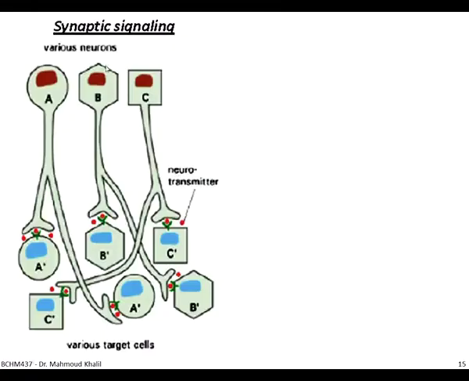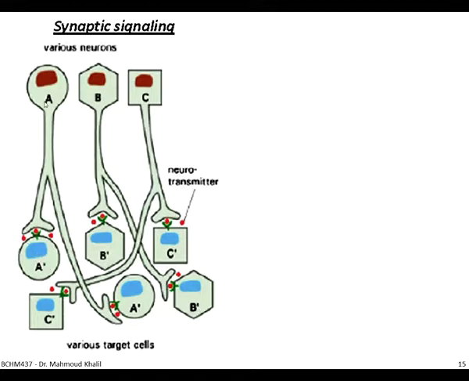So again, if you look closely at synaptic signaling, you can see three different neurons. The end of each neuron can sit on a different type of cell depending on the neuron. And you can see that each type of neuron, A, B, C, coordinates and sends the signal to a specific type of cell.